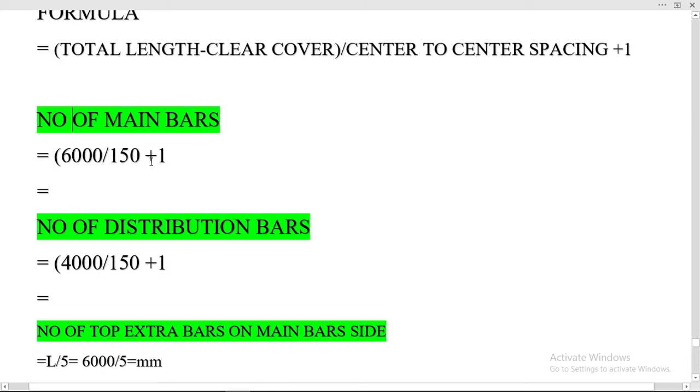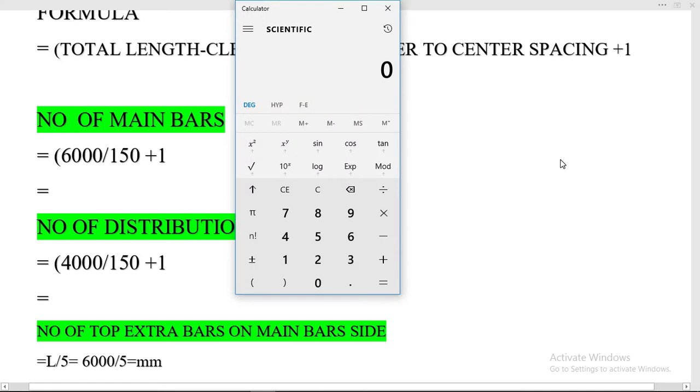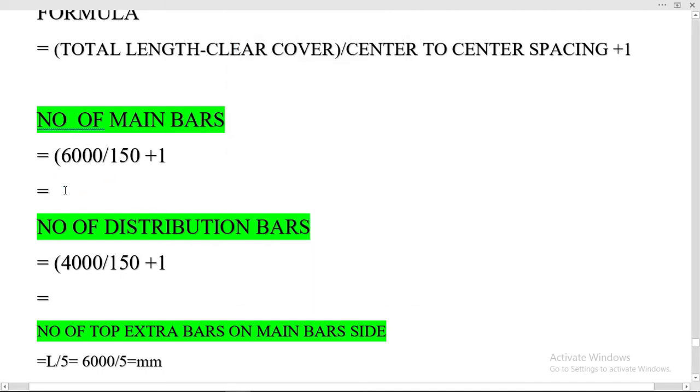Let me now calculate it on the calculator. 6000 divided by 150 center to center spacing plus 1, 41. So 41 number of main bar required.